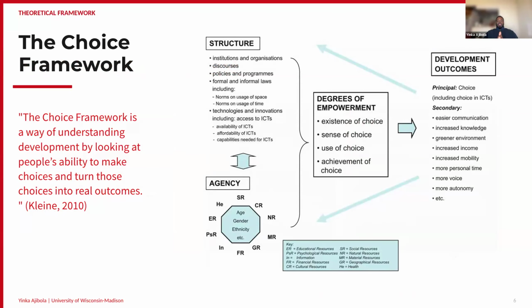And Klein asks one question: does access to technology actually improve someone's life? And she does argue that the answer depends on much more than the opportunity it presents. It depends on both the structure, as you can see on the screen, and the agency as well. And when you're talking about the structure within this context, the structure is the environment people live in.